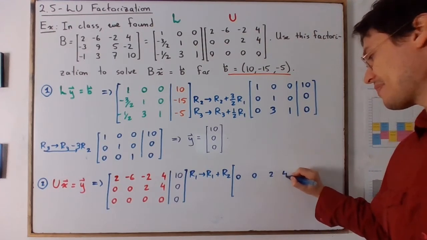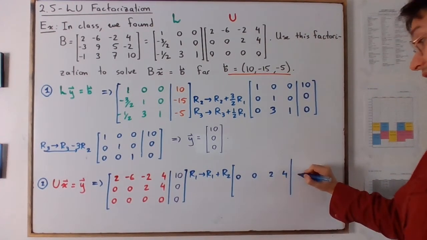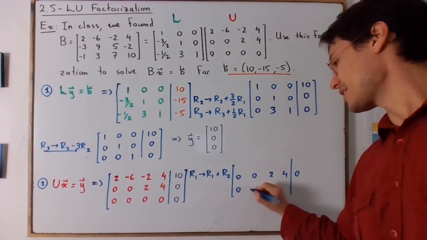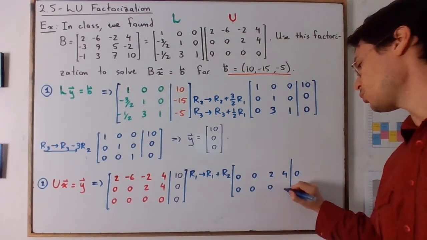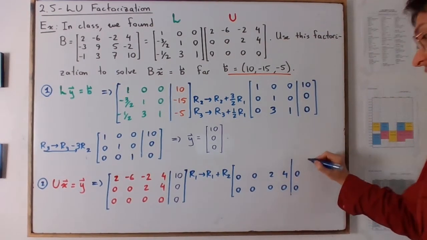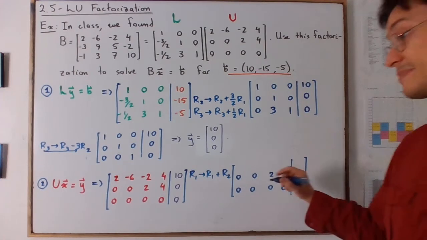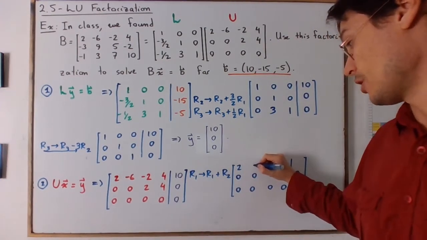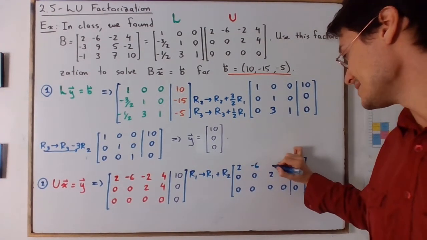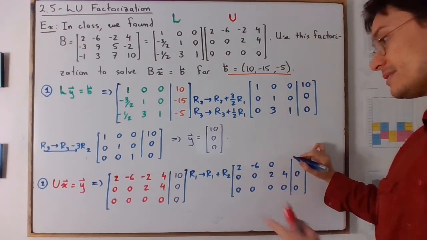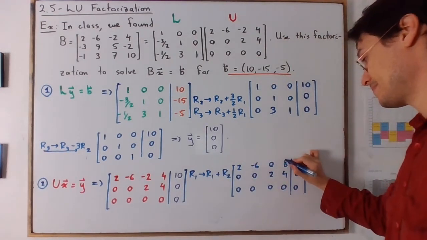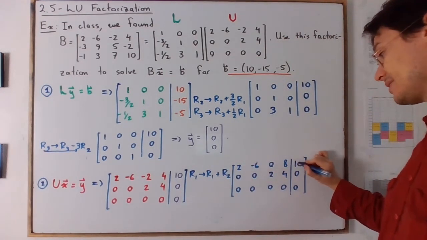I'm going to keep it at that, actually. I could have scaled down the second row, but I think it would have been working at cross purpose, because then I'm going to scale both rows at the same time. So we're going to have -2, -6, 0, and 8. And then 10 right here.